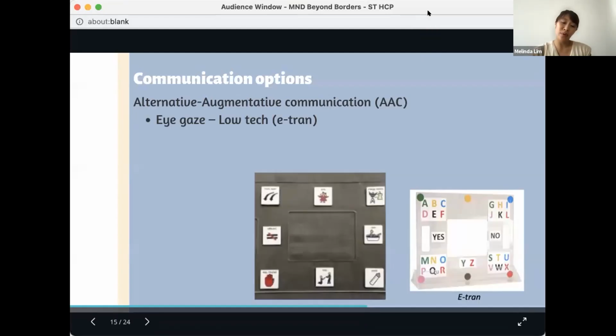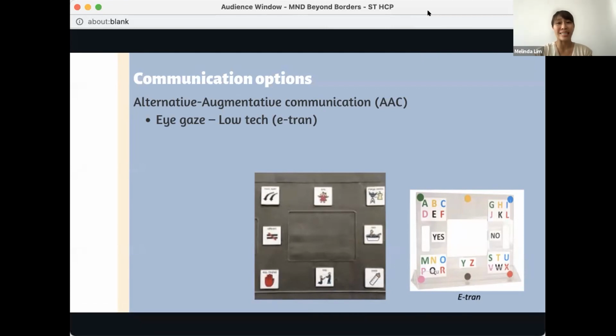It requires quite a bit of practice. And if you are not well versed in it, you might find that it is challenging. As shared, it would be challenging because you do need your communication partner or your listener to go through a period of training in order to be fairly familiar with how to work this eye transfer board.